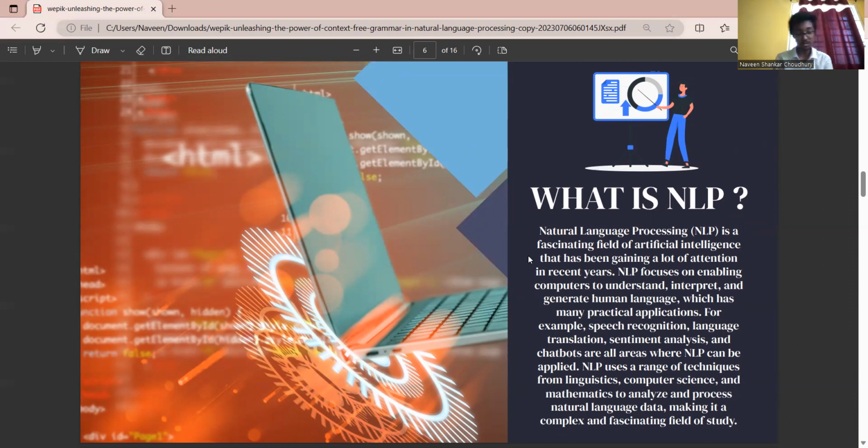NLP focuses on enabling computers to understand, interpret, and generate human language, which has many practical applications, obviously, for example, speech recognition, language translation, sentiment analysis, and chatbots. Chatbots is something which all of us know, right? So these are all the areas where NLP is applied. NLP uses a range of techniques from linguistics, computer science, and mathematics to analyze and process natural language data, making it a complex and very fascinating field of study.